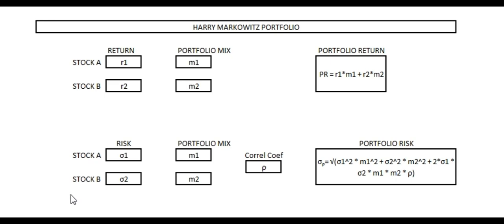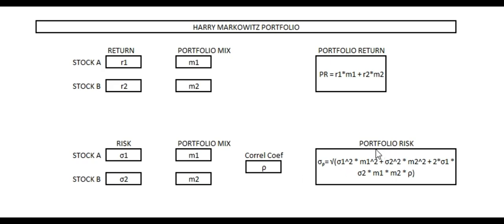On the risk side of things, if you come to the bottom, you will see the risk attached with stock A is sigma 1 and the risk attached with stock B is sigma 2. The portfolio mix remains the same as M1 and M2, and we introduce a correlation coefficient between the two stocks, which is given as rho. Rho captures whether the relationship between the two stocks is positively correlated or negatively correlated.